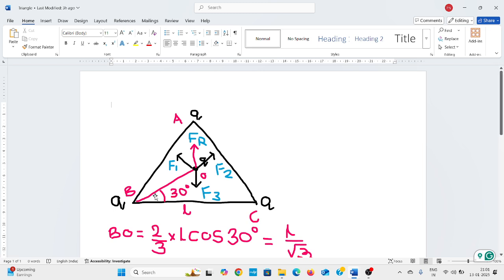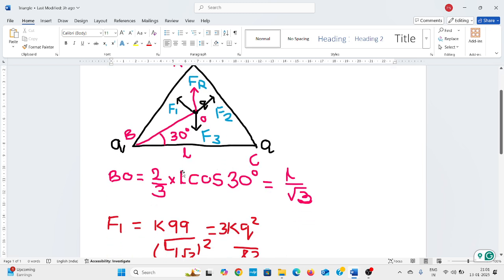First, we have to calculate the distance between the vertices and the centroid. We can calculate this distance using 2 by 3 into L cos 30.